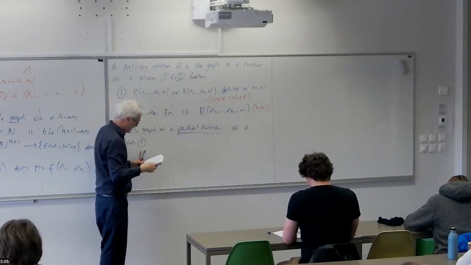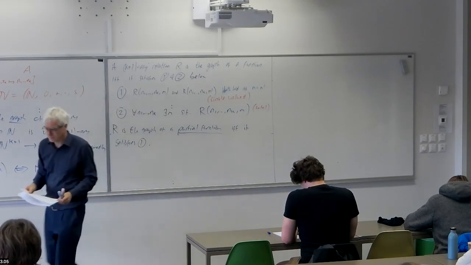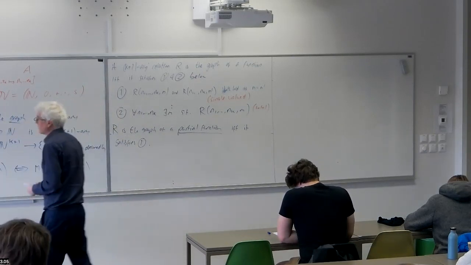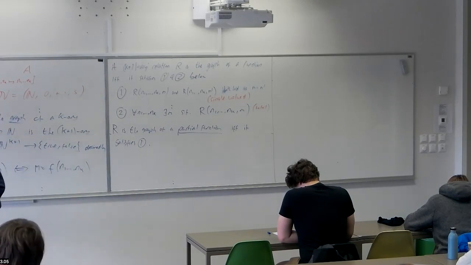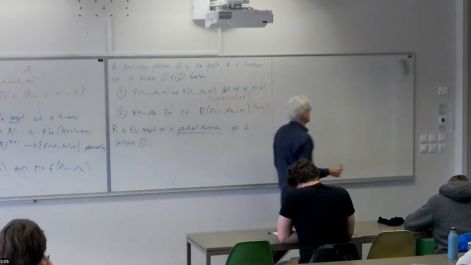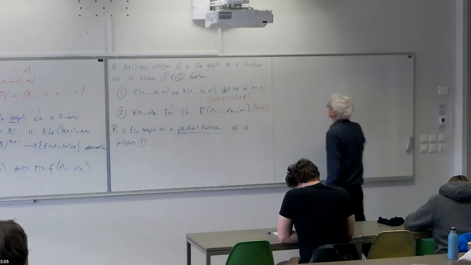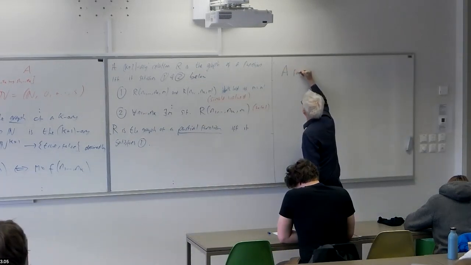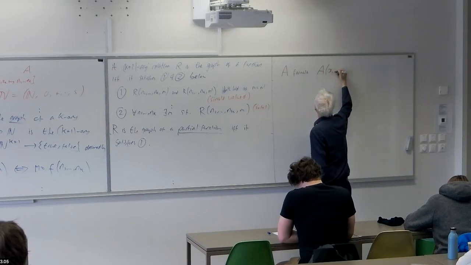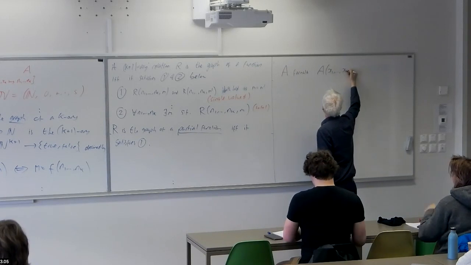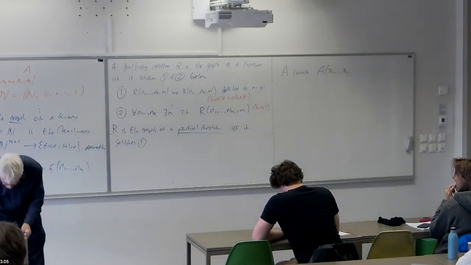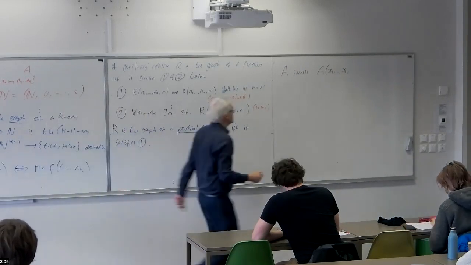Right, so the last bit of the definition of representing: we say a formula A represents a partial function. It's a formula A(x1 through to xk, z), let's call the last variable z.